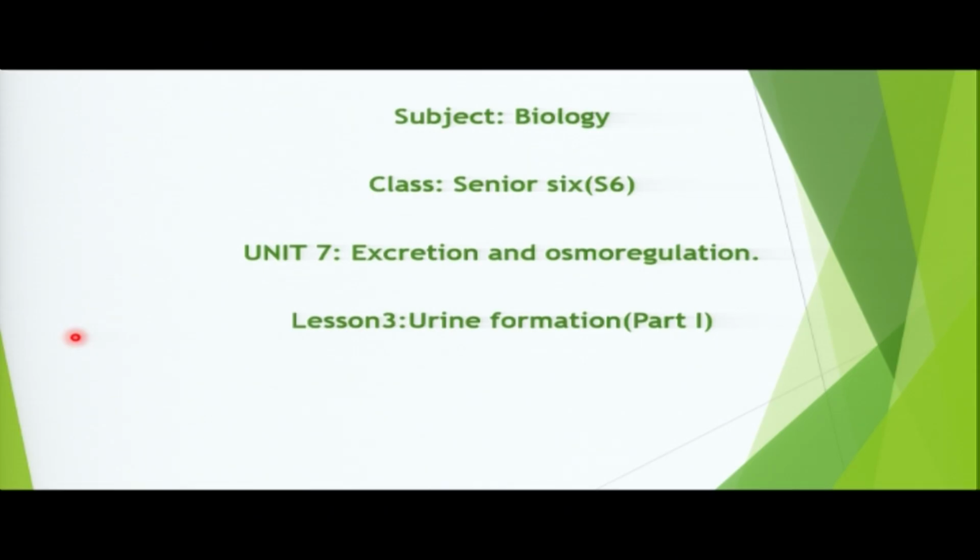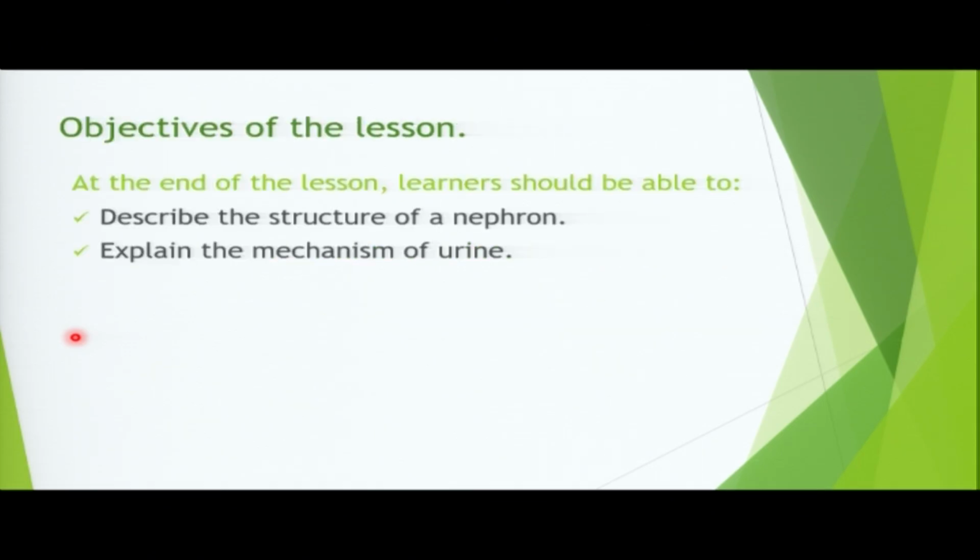What is the objective of the lesson of today? At the end of the lesson, you will be able to describe the structure of a nephron. Also, you will be able to explain the mechanism of urine formation.